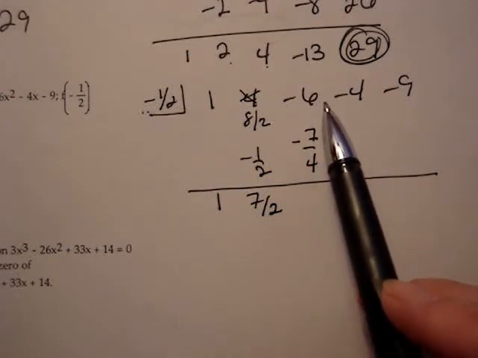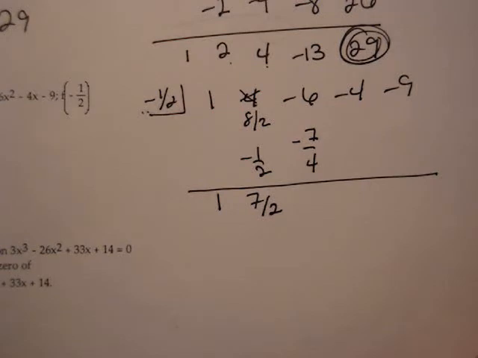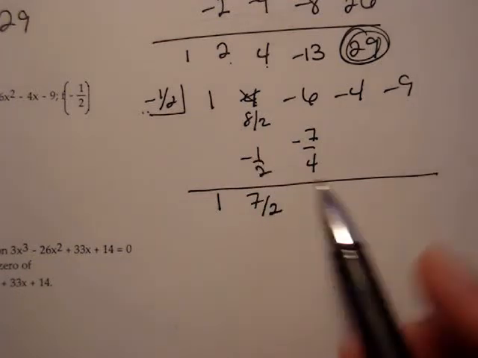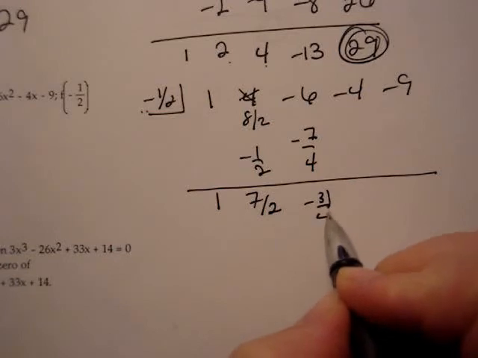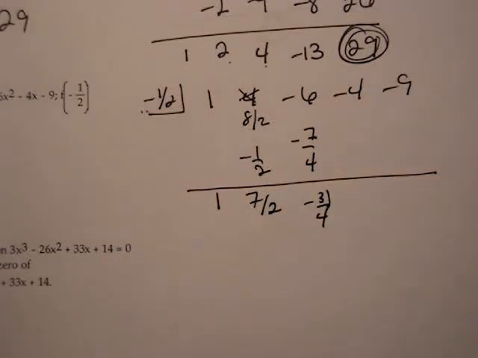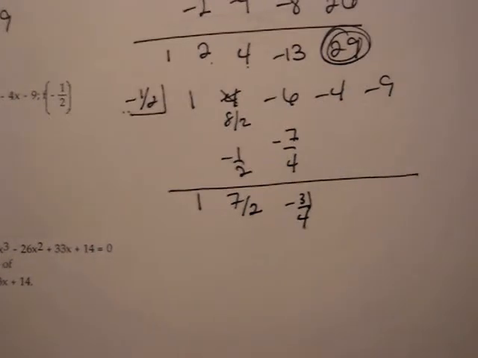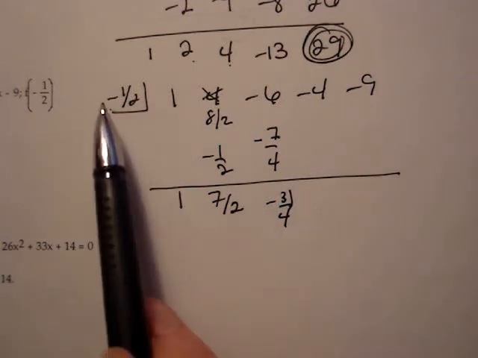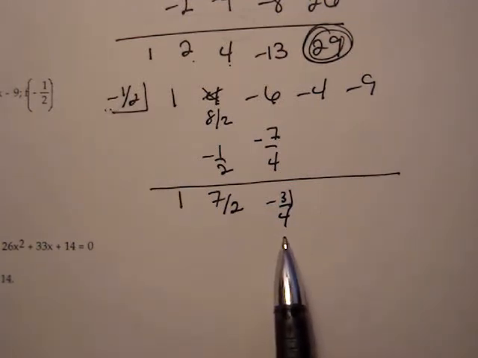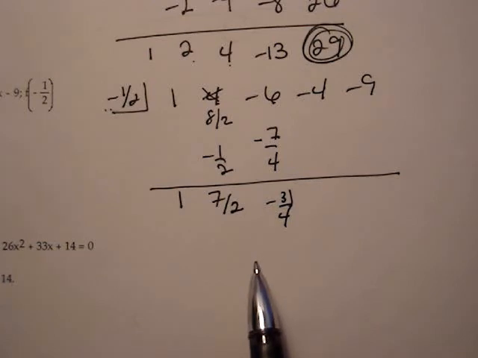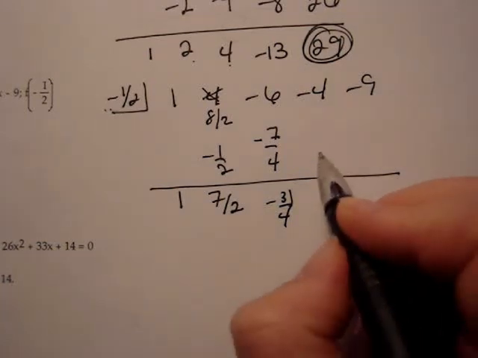Negative 6, instead of thinking of it as negative 6, I'm going to think about it as negative 24 over 4. Because 6 times 4 is 24. Negative 24 over 4 minus 7 over 4 would be negative 31 over 4. Okay? Now, in the next step, I'm going to leave my room, I promise. Negative 1/2 times negative 31 fourths is positive 31 over 8.